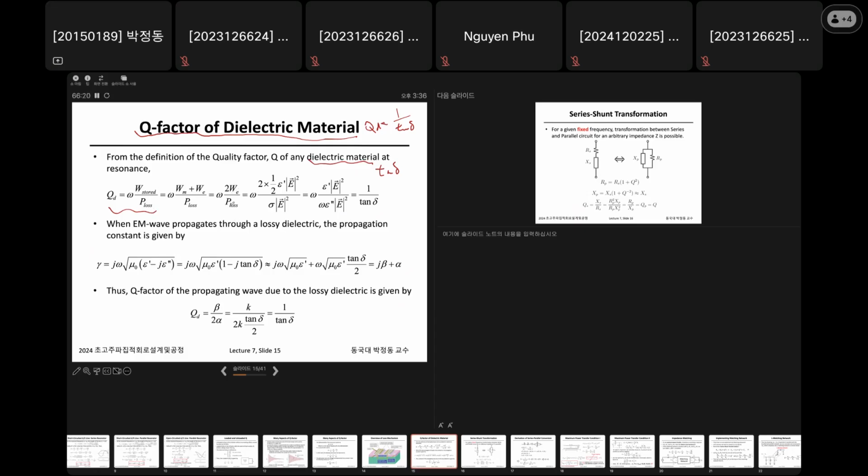Epsilon consists of epsilon prime minus j epsilon 2 prime. Stored energy is from epsilon prime. The power loss is sigma E square, where sigma is modeled from epsilon 2 prime as sigma equals omega epsilon 2 prime.